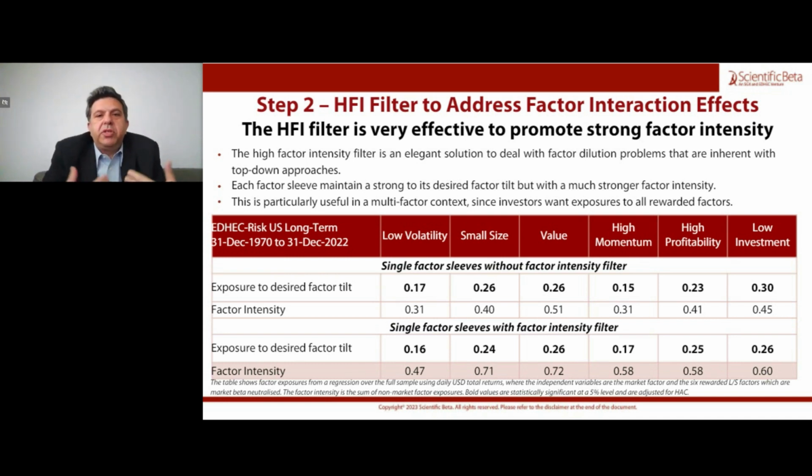And so this is a major part of our process, and it's a major part of filtering out those stocks that may give you sort of extreme tilts to one factor or another, but over the long term may underperform because they have these negative exposures to other factors. And we call it the HFI filter, and it's really designed to control for these negative interaction effects.